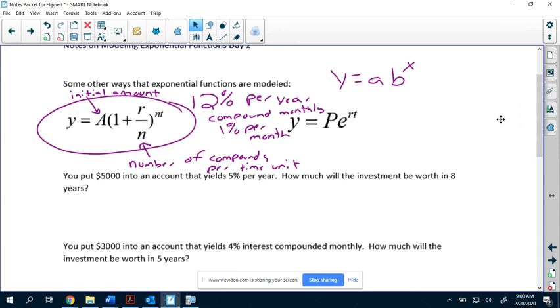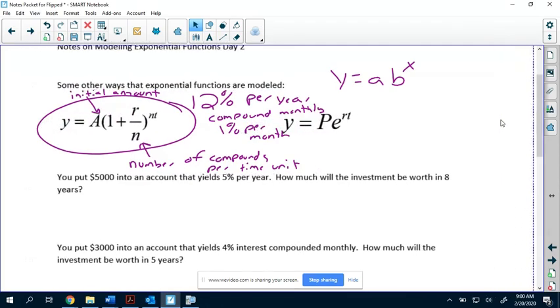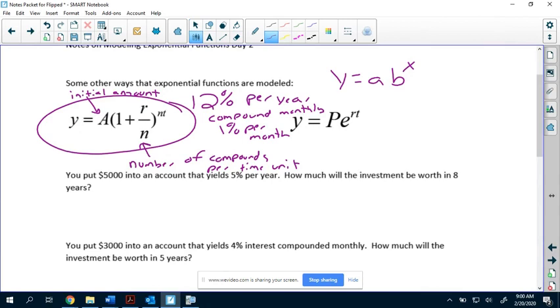But we could get you compounding literally every second of every minute of every day. And that is where this formula comes into play. This is the compound continuously formula. That's y equals Pe to the power of rt.